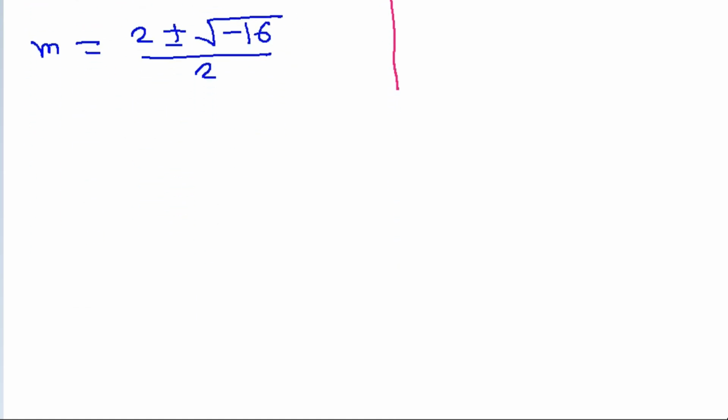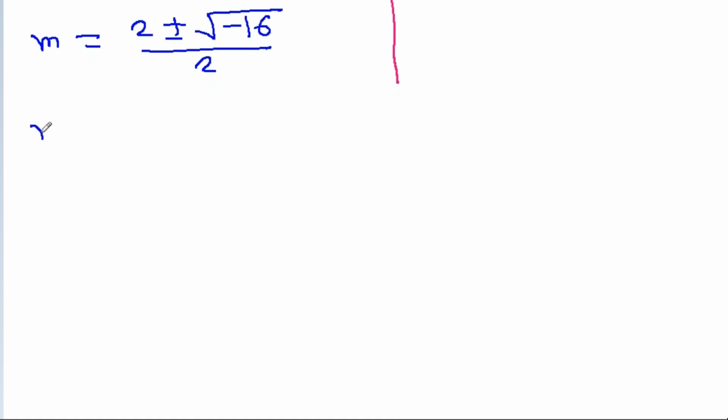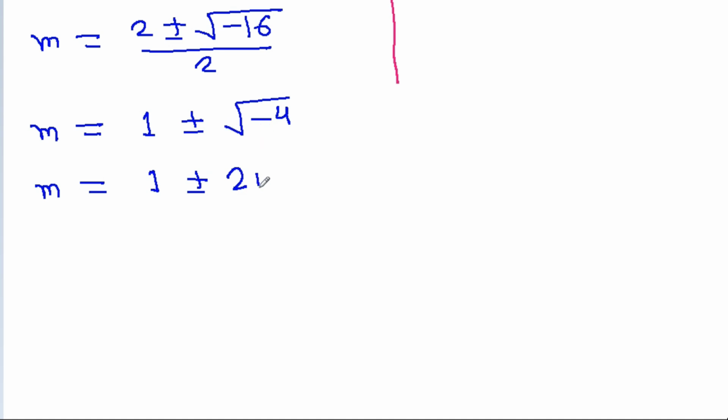And it is m is equal to, if we divide by 2, then we will get 1 plus minus square root of minus 4, and it is m is equal to 1 plus minus square root of 4 is 2, and square root of minus 1 is iota.